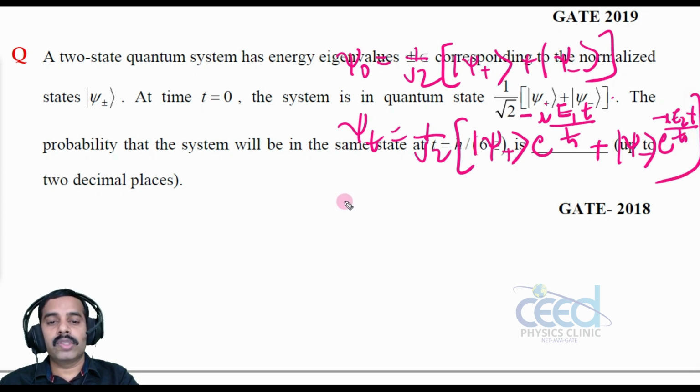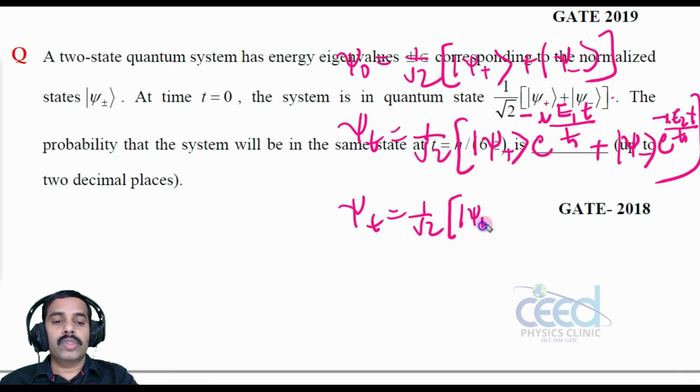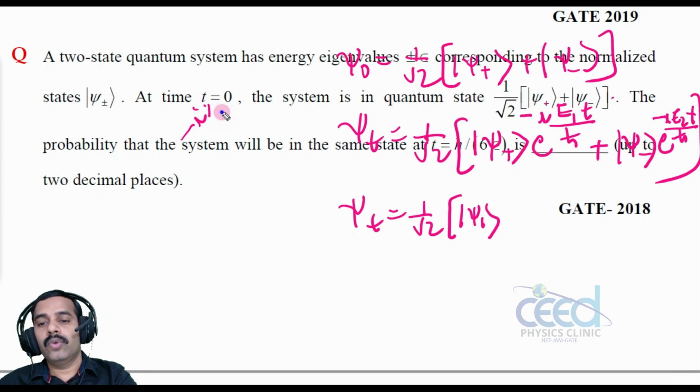Now we can substitute this value. Psi t is equal to 1/√2 into psi plus, and look into this, e raised to minus i E1 t/ħ. E1 is epsilon, so minus i into this epsilon, right? So in the first case it is plus epsilon, that is given here, and in the next case it is minus epsilon.